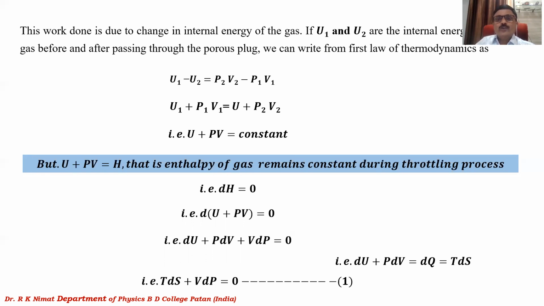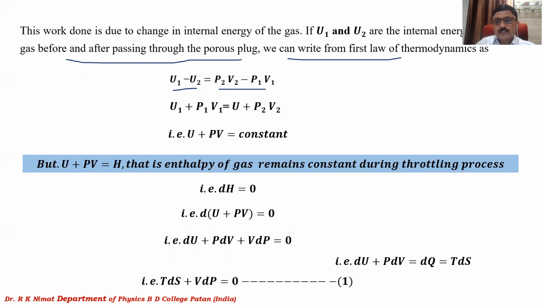If U1 and U2 are the internal energies of the gas before and after passing through the porous plug, using the first law of thermodynamics we can write U1 minus U2, that is the change in internal energy, is equal to the work done. I have told you that the net work is done at the cost of the net change in internal energy.